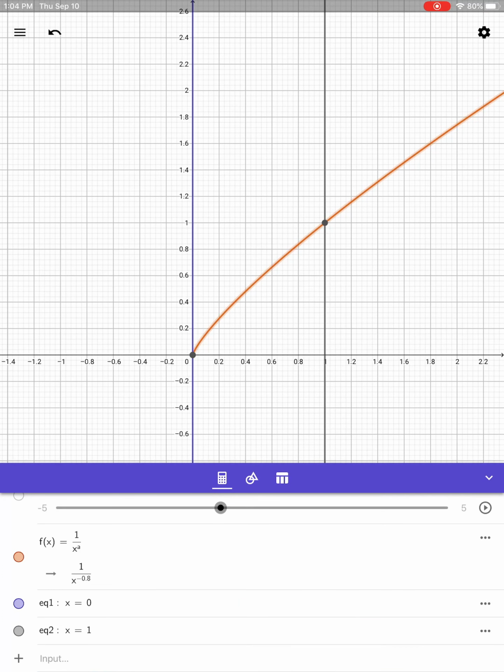Okay, so we care about what's happening between the gray and blue line for this one. This one switches. Notice how, as I move to the left here, after 1, it becomes an unbounded area, which is why from 1 to infinity it diverged.